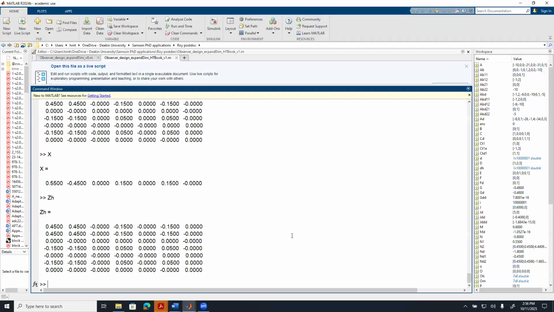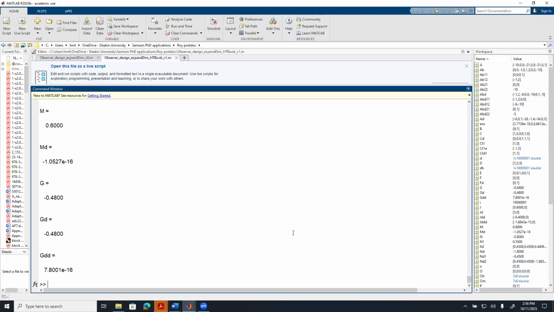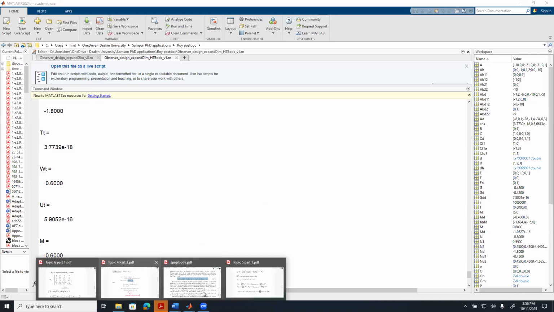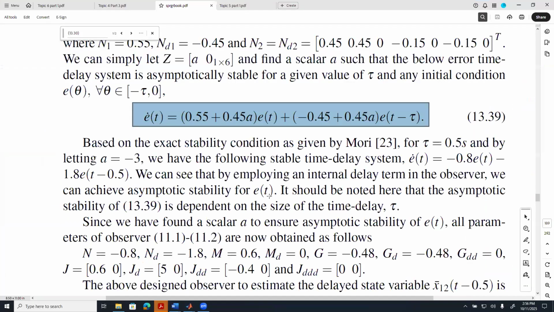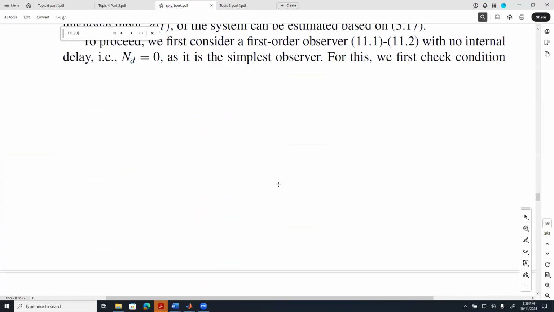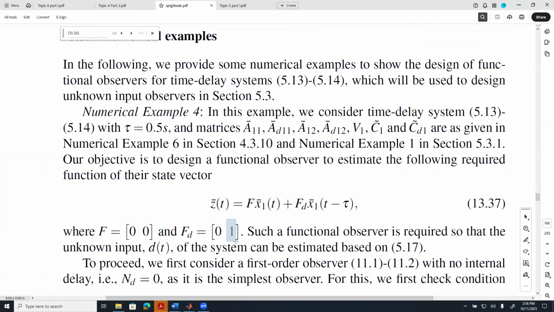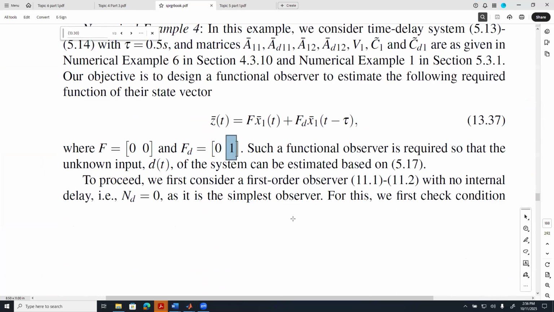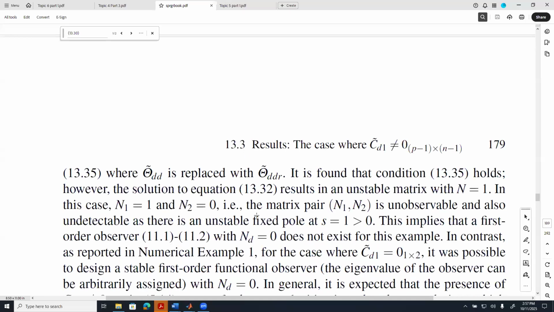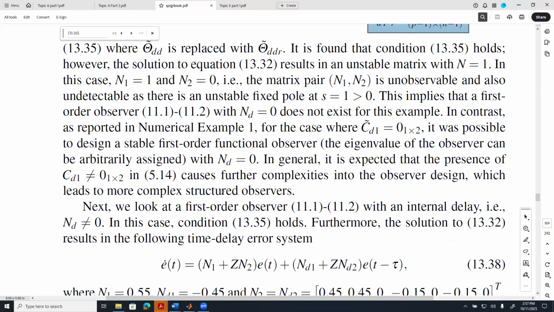So we can still design a first order observer with internal delay to estimate the delay stack variable directly. And remember, this is the situation where the matrix C tilde D1 is no longer 0. It's not 0. And this is the example for chapter 5, example 1.